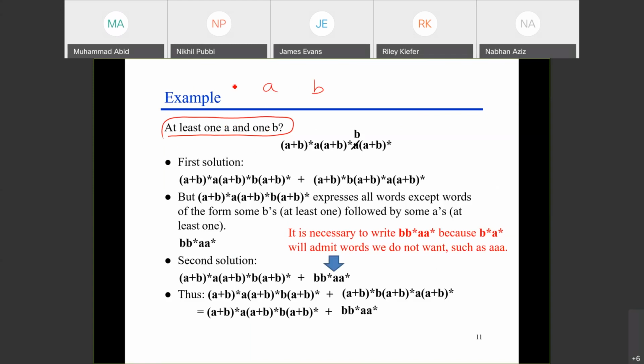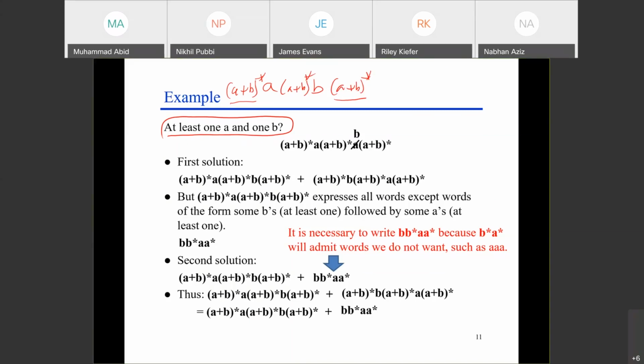So we are talking about (A+B)* A (A+B)* B (A+B)*. But if we just write this regular expression, it gives us a guarantee that if you do not have this part or this part, then your word must start from A and finish with B.